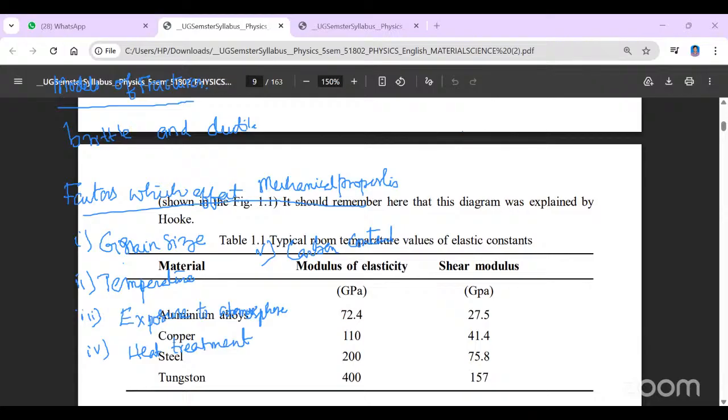It should be remembered that sulfur and phosphorus should be kept to a minimum while preparing. Carbon and manganese play a significant role in mechanical properties.